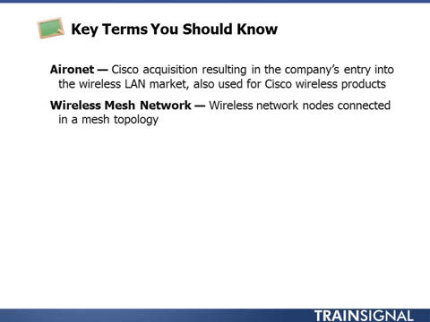Wireless mesh network. These are simply where you take your wireless devices and interconnect them in a mesh networking topology. In the Cisco deployment, those would normally be access points that you're then connecting, forming this interconnectivity between those mesh nodes.